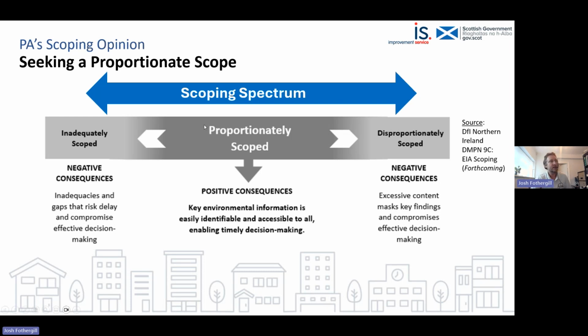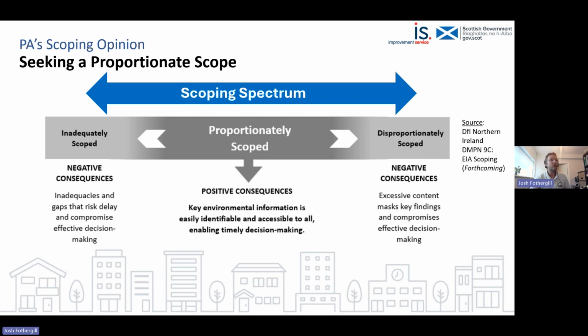But what this highlights is if we have an inadequate scope, we haven't covered enough things, then the negative consequences can be there's clearly gaps, and we'll have to fill those later on. That's a risk of delay, more resources for yourselves, the consultation bodies. But if we disproportionately scope things, if we've included too much already, then that excess content can equally mask the findings, cause difficulties for yourselves, the consultation bodies, the public at a later stage.